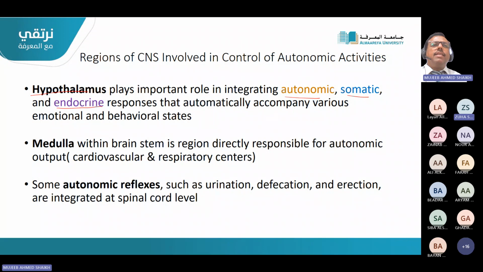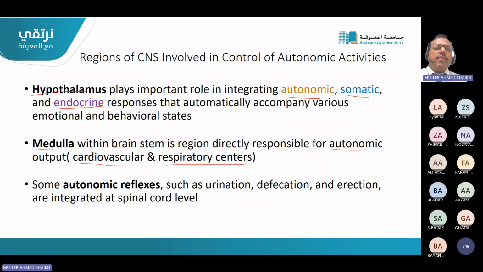So all control mechanisms are controlled at one center, which is called the hypothalamus. Also at the medulla, there are centers called the cardiovascular and respiratory centers, which regulate in response to the autonomic nervous system.